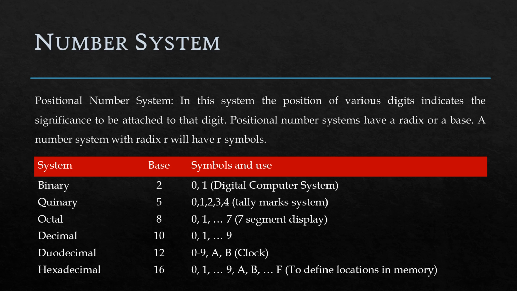We have various positional number systems. The examples include binary, quinary, octal, decimal, duodecimal, hexadecimal, etc.